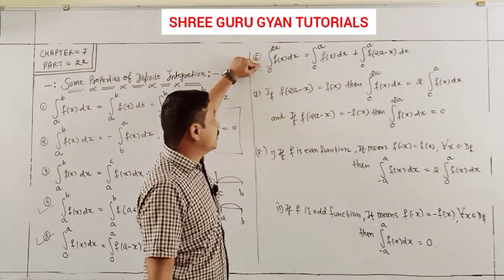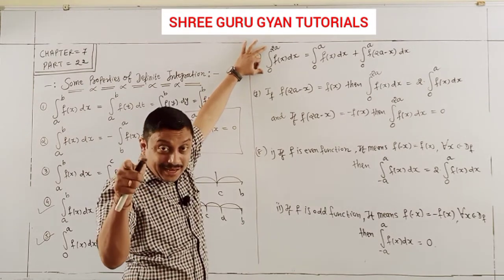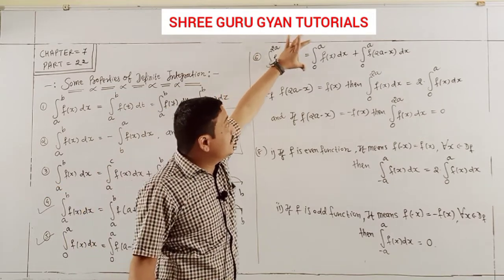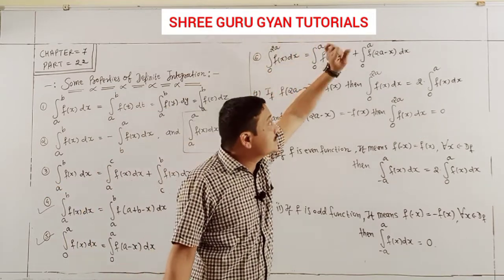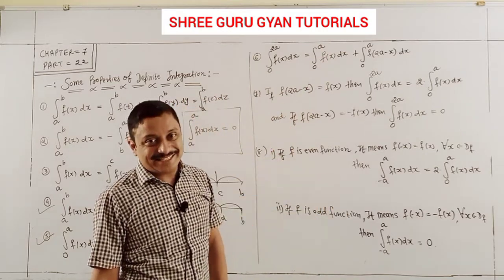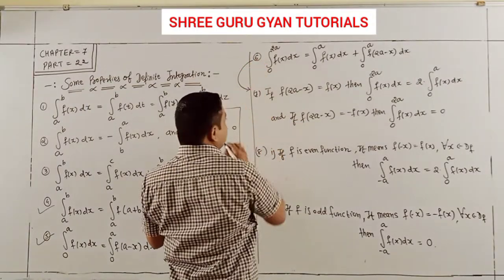Next, the 6th one: 0 to 2a means 0 to a and again a to 2a, 2 parts. One part is integral 0 to a f(x) dx, the other is also 0 to a, but f(2a - x) dx. And the 7th one, students, 6 and 7 are the same.